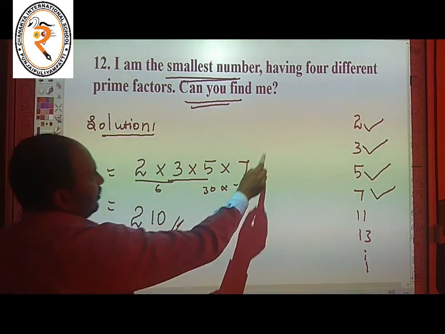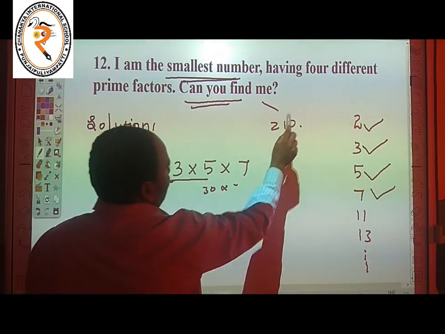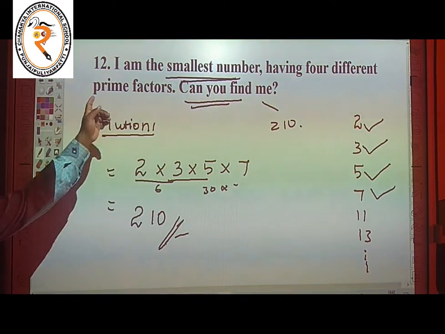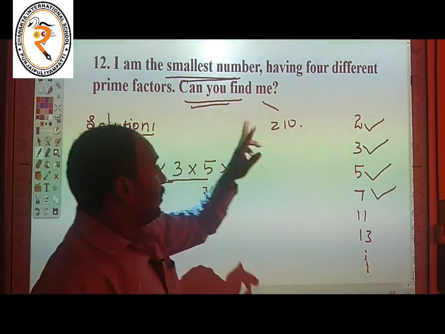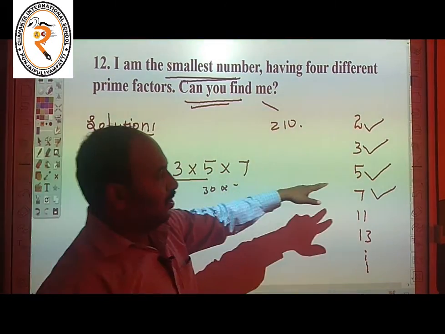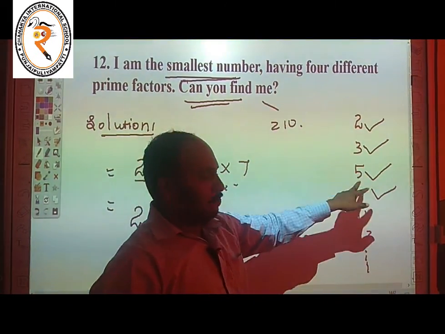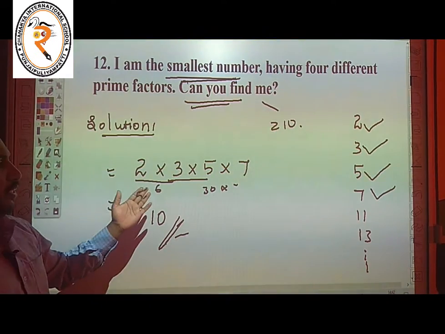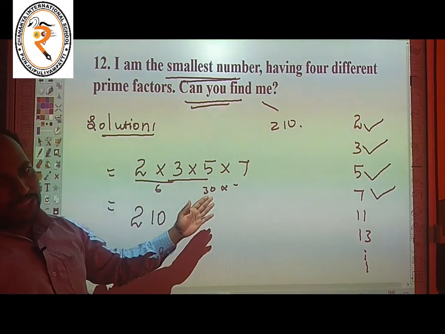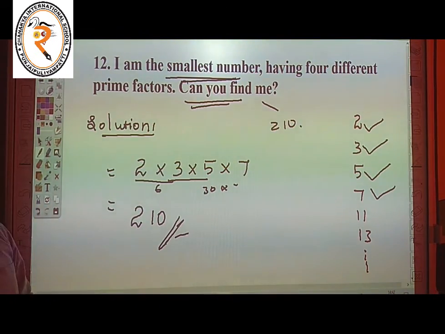So our answer is 210. The smallest number having 4 different prime factors 2, 3, 5, 7 is 2 into 3 into 5 into 7. The answer is 210.